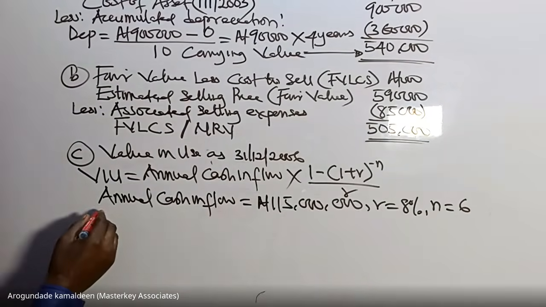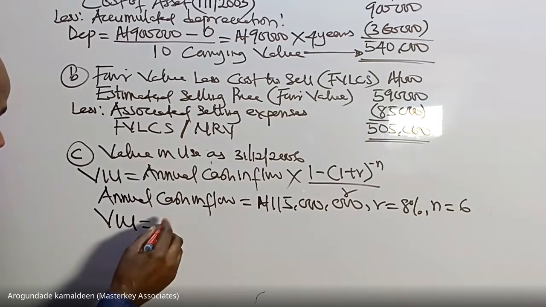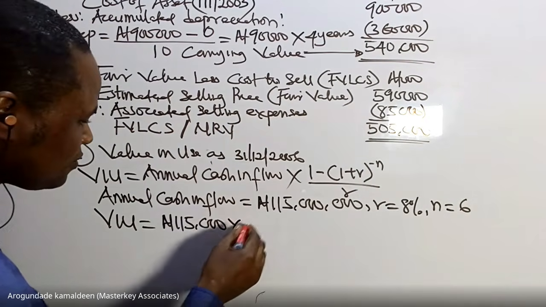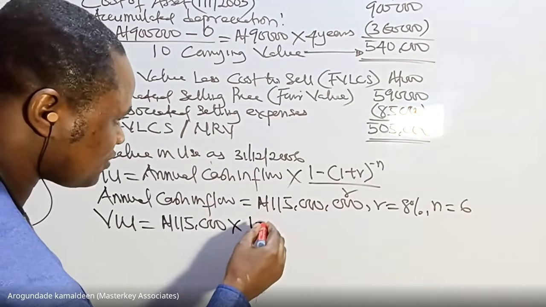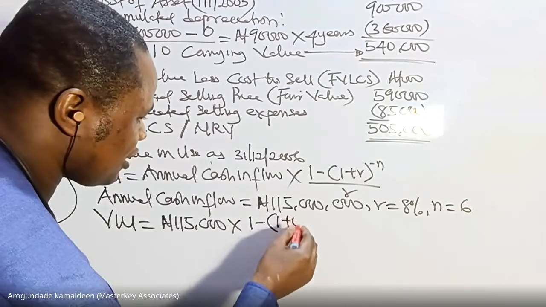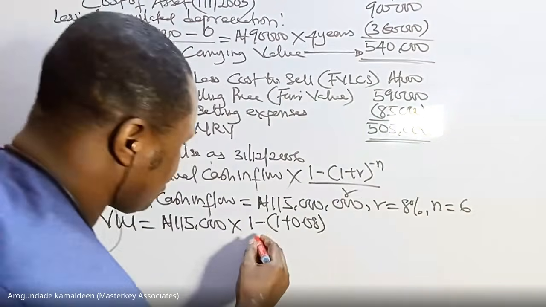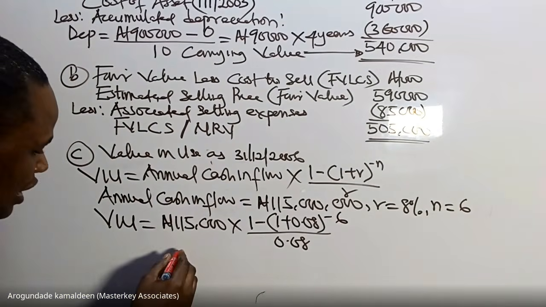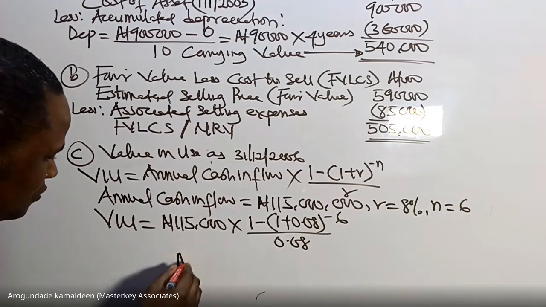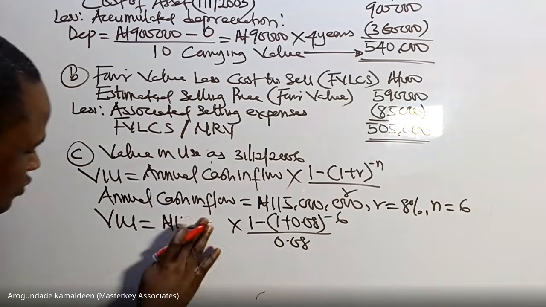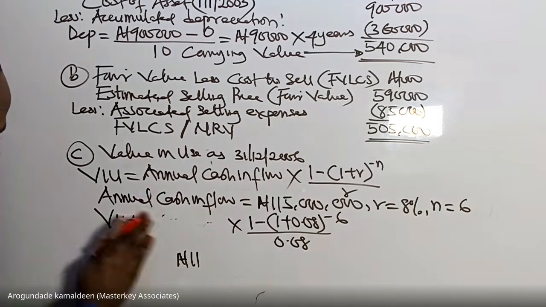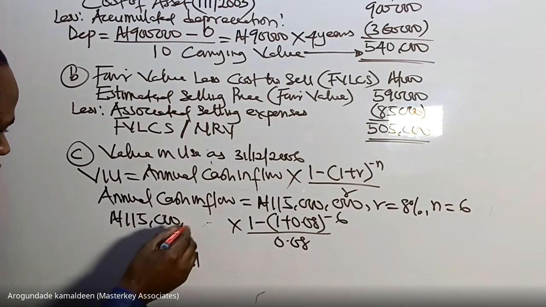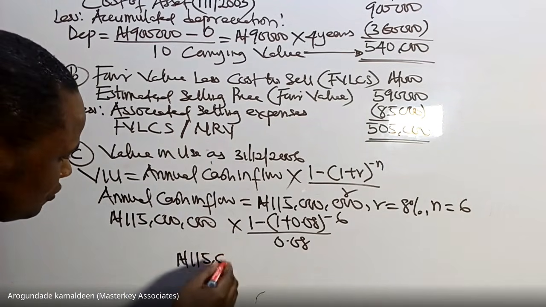Therefore, my value in use is 150 million times the bracket 1 minus 1 plus 0.08 to the power of minus 6, over 0.08.